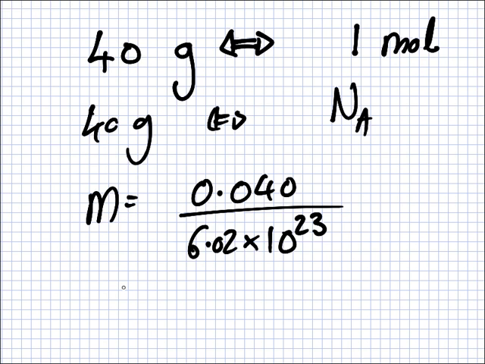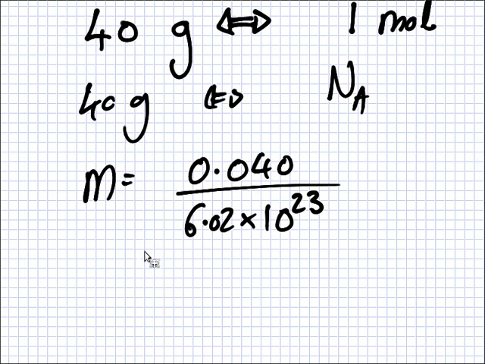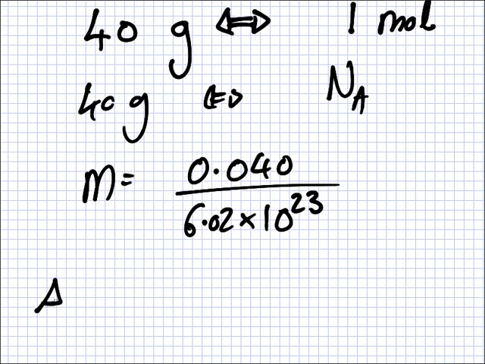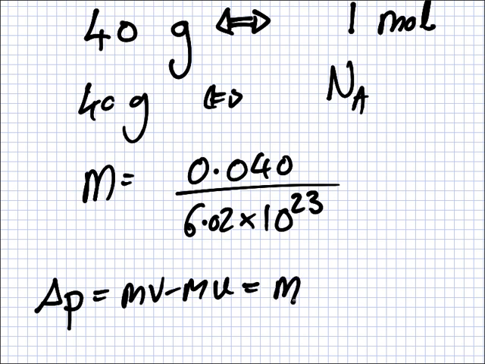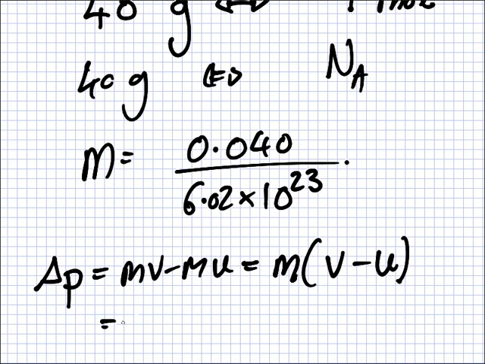And what's the next part? The change in momentum of the atom. Okay, so the change in momentum is mv minus mu. Do we know the m? Yeah, it's right there. Do we know the v and the u? What's the speed? 320.